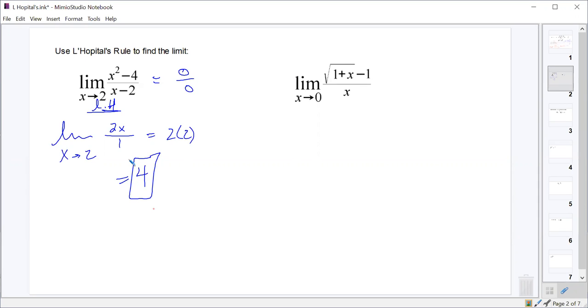What about the second one there? Plug in 0, right? Gives us 1 minus 1 over 0. So definitely indeterminate. So this should be the derivative of the numerator. What's the derivative of root 1 plus x?